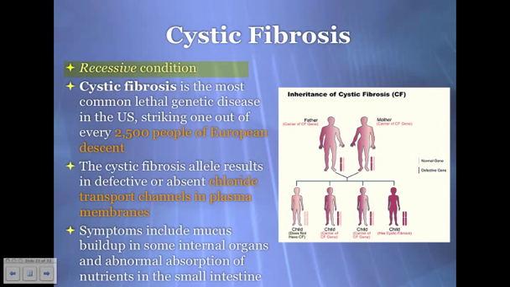The point for me bringing up cystic fibrosis is the fact that not only is it the most common lethal genetic disease, but you would not know if you're a carrier because you're not showing any symptoms. I actually have a case where two of my friends were married and they had a child, and their first child had a lot of complications, and they tested her for cystic fibrosis.